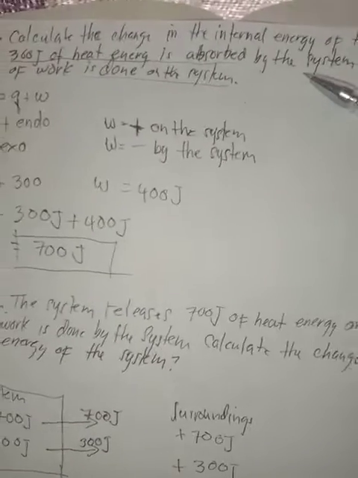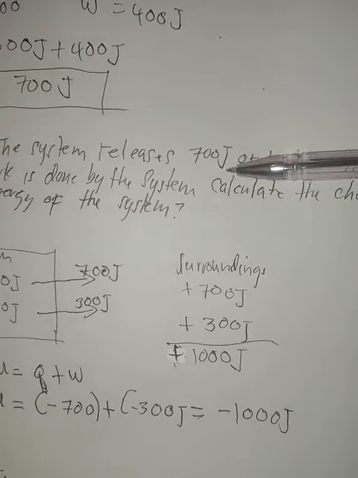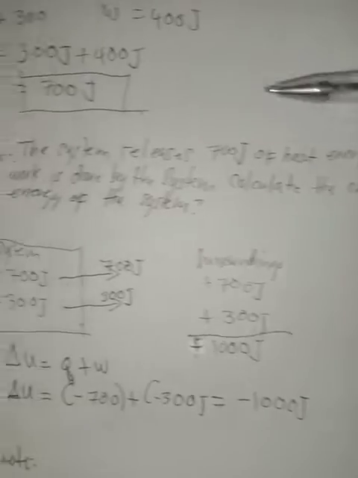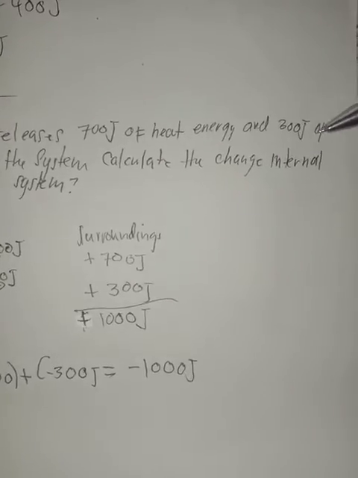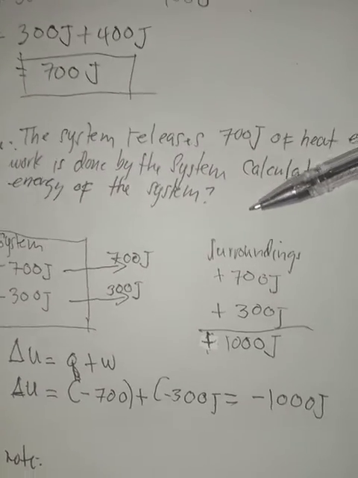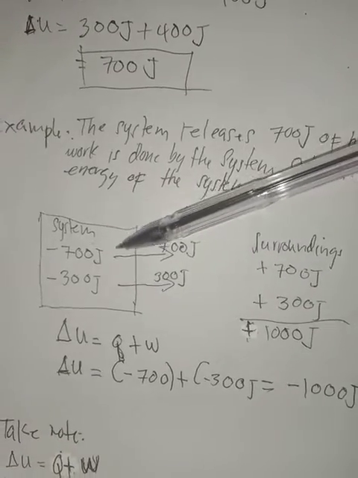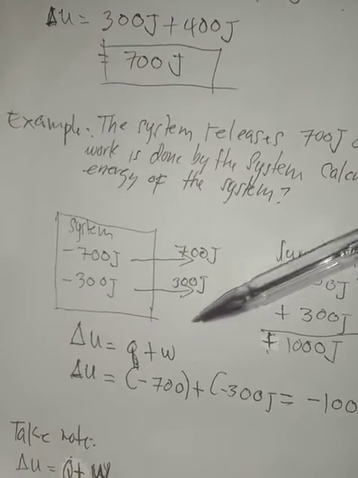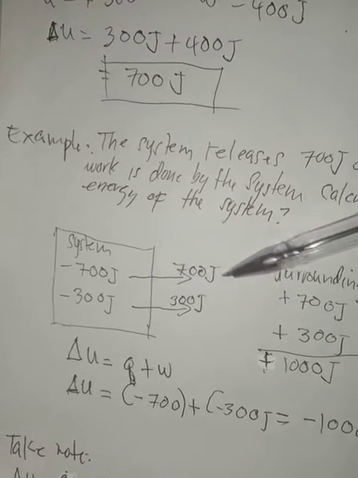The next example: the system releases 700 joules of heat energy and 300 joules of work is done by the system. Calculate the change in internal energy of the system. Remember that the sign for the system here is negative, because the joules are going outside.